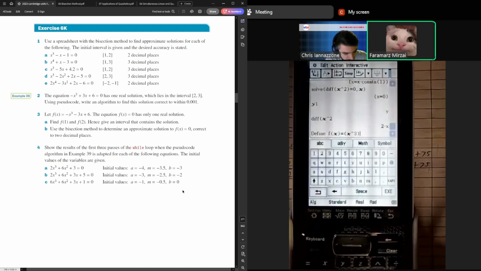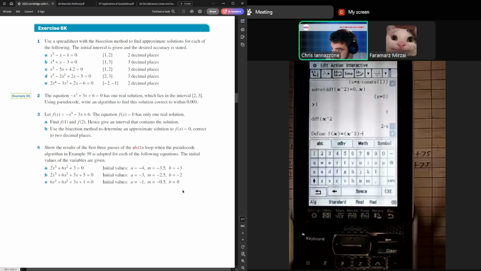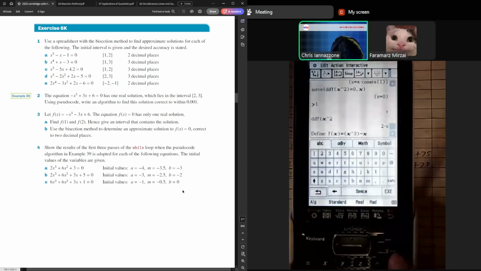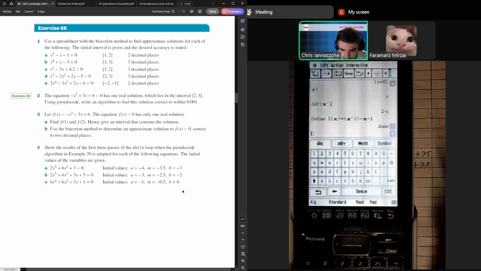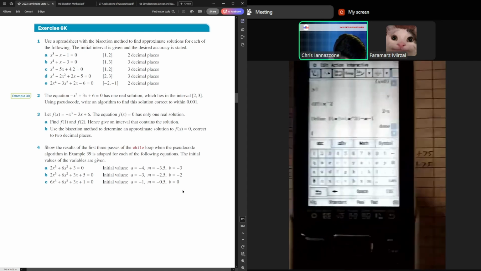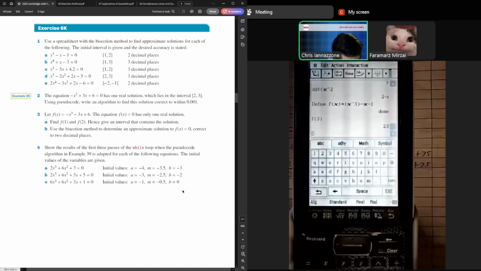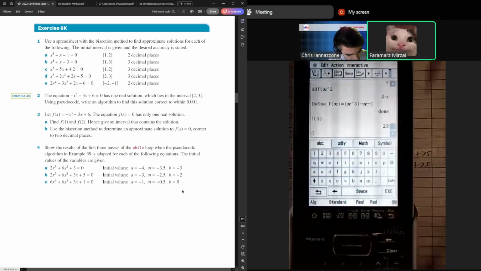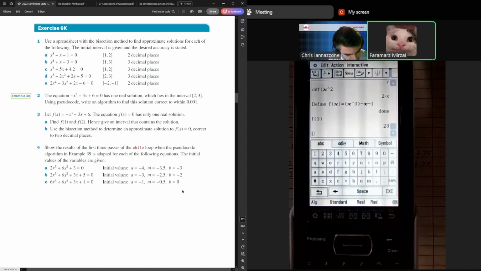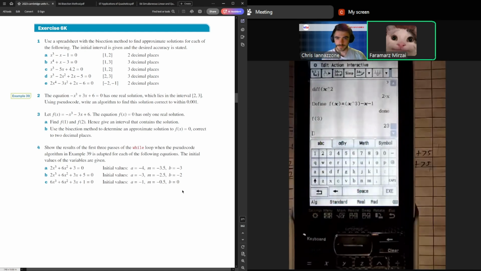So you typically want to use brackets to make sure. x cubed minus x, and then minus 1. And then just like that, you've got it defined. So now if you were to do, say, f of 3, that's all you have to say to get that thing again. Oh, okay, because 3.